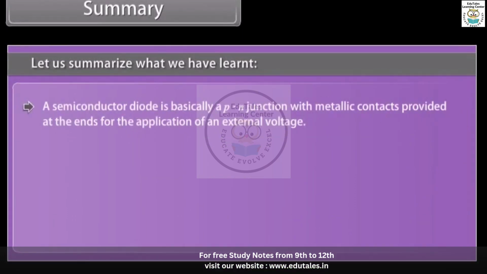A semiconductor diode is basically a p-n junction with metallic contacts provided at the ends for the application of an external voltage.